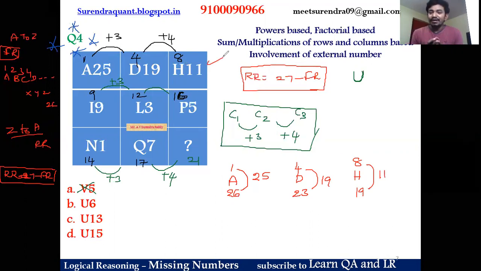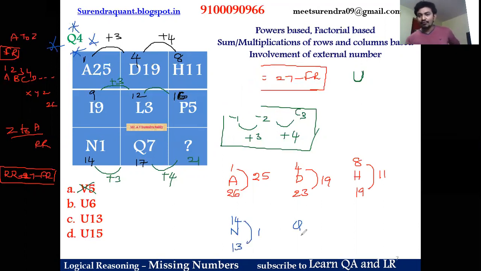So for the number, it is the difference of forward rank and then reverse rank. So think about in the third row. Let us try to check the third row. Now we know that N forward rank is 14, N reverse rank is 13, the difference is 1. Friends, Q forward rank is 17, Q reverse rank 27 minus 17, 10, and the difference is 7.